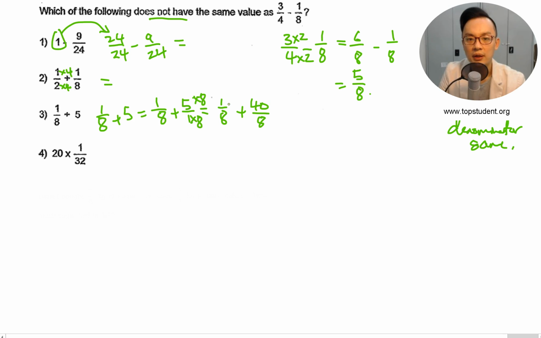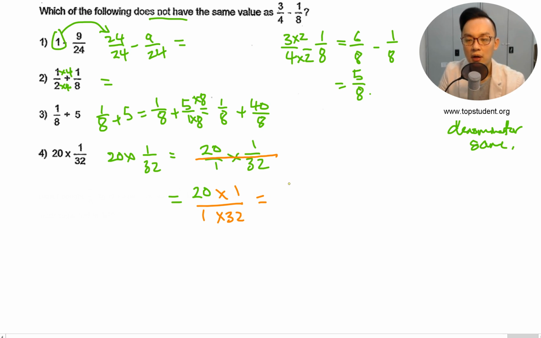And then work it out from here, so just 41 over 8. 20 times 1 over 32 is equals to 20 over 1 times 1 over 32. Then you multiply the top, so 20 times 1 over 1 times 32. And then you work it out, change to the simplest form, and you see which one has the same value or not. Alright, so work out this question by yourself.